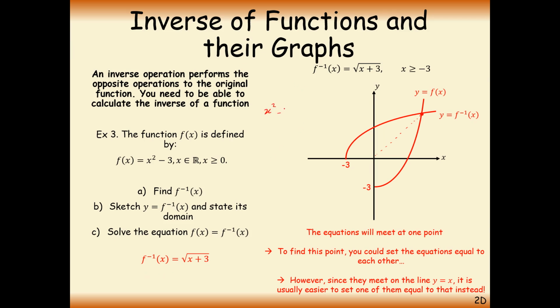So rather than solving x squared minus 3 equals root of x plus 3, all we have to do is replace this with the value of x itself, because y will be x. Therefore, we write x squared minus 3 equals x and solve it like so.